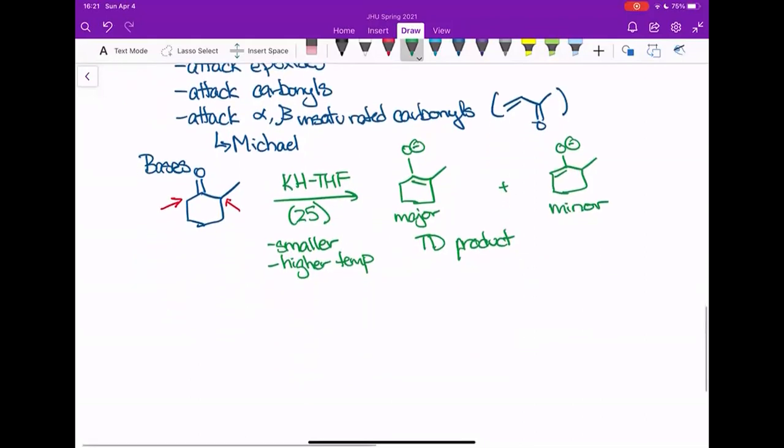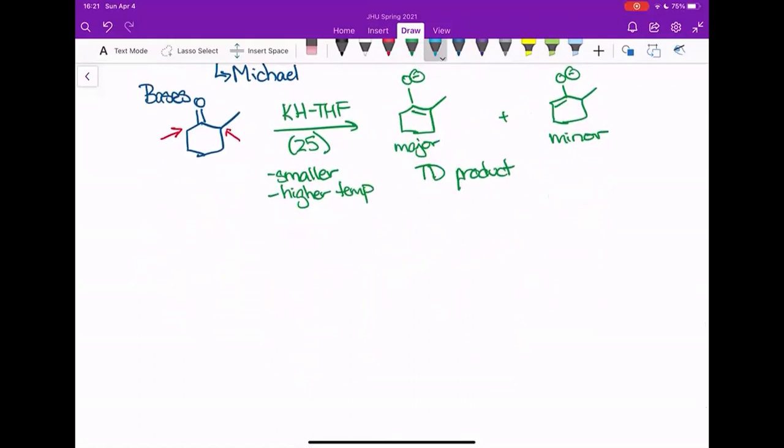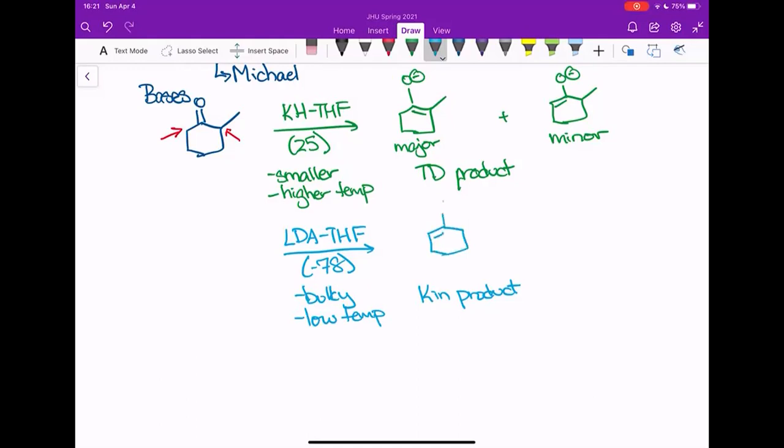Okay. On the other hand, if we're using something like LDA, LDA is very bulky and it's also run at low temperatures. So for those two reasons, we would get our kinetic control, which means that in contrast to our KH base, the major product in this case would be the less substituted double bond.